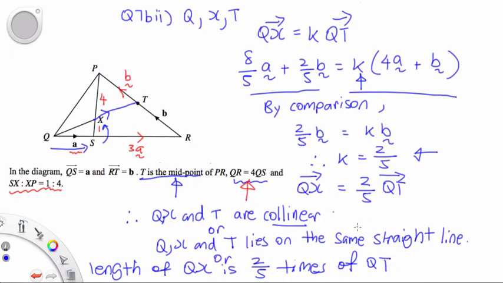So you just need to write down one of these three answers, because the question is only 1 mark. Take note, in exam time, these two represent the same thing. So it's either you write the first one or you write the second one, if you want to talk about them lying on the same straight line.